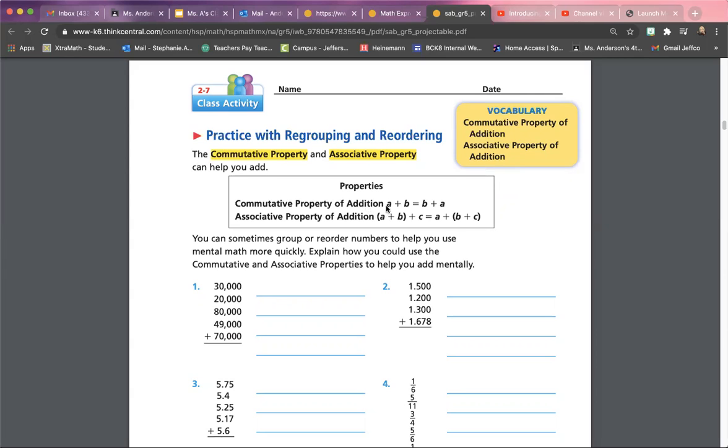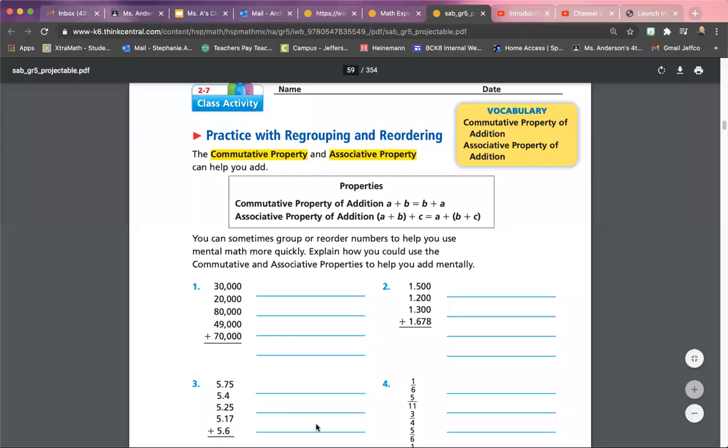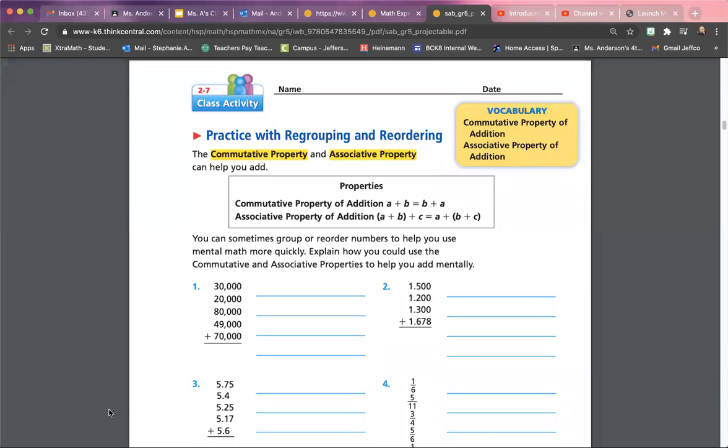So the commutative property of addition should be pretty familiar. A plus B equals B plus A. The best example I could give you on this one would be fact families, knowing that if we switch the numbers around, they don't change. So if we go back to maybe our first grade math, I know that 7 plus 3 is the same as 3 plus 7.